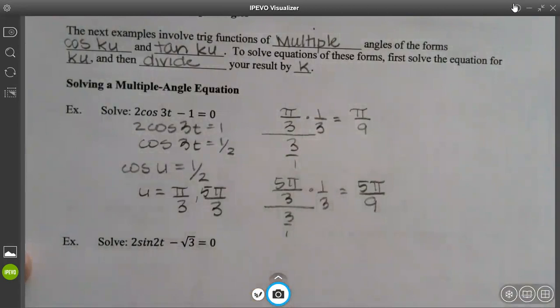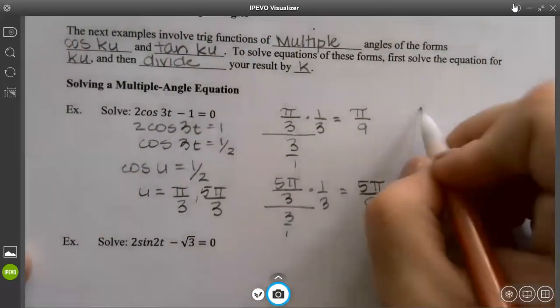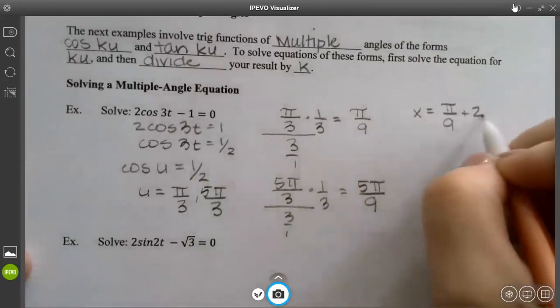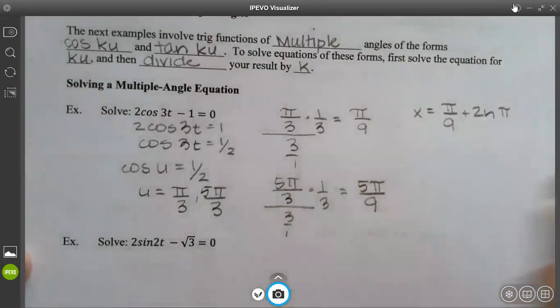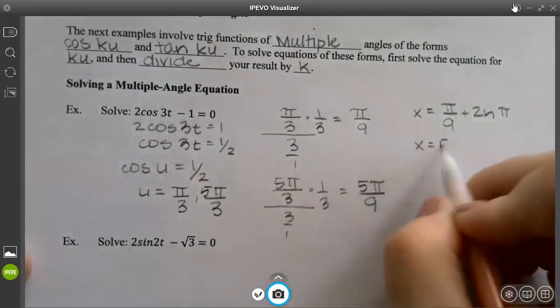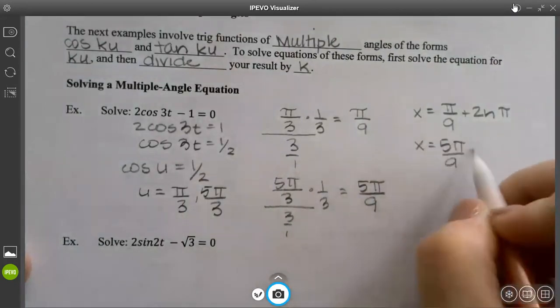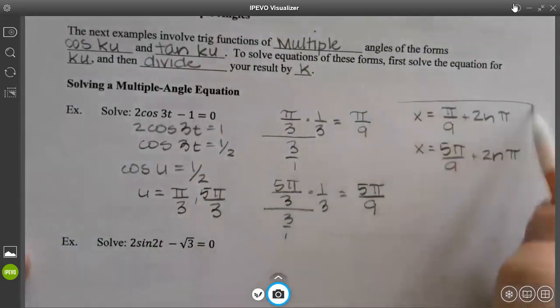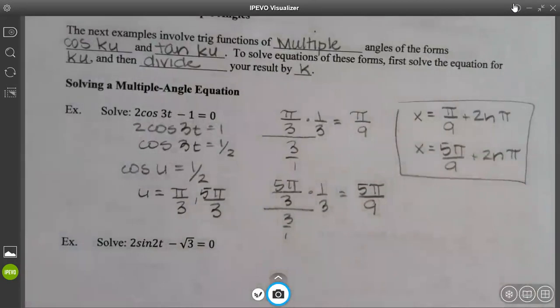Everybody okay with that? It's a general form. So what do I need to do to both of these numbers? Why is it 2 pi? Good. And make sure you put the n with it. 2n pi. And 2n pi. That's it.